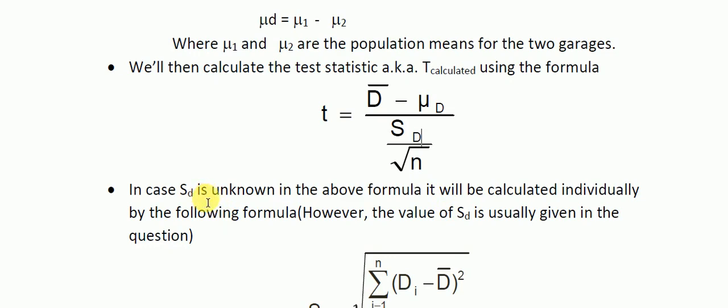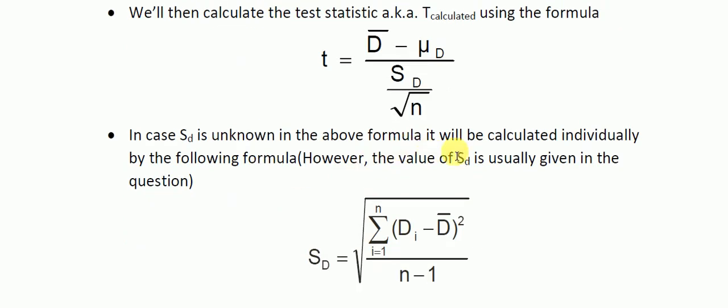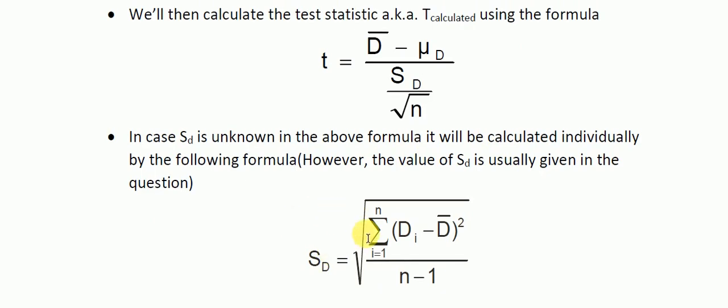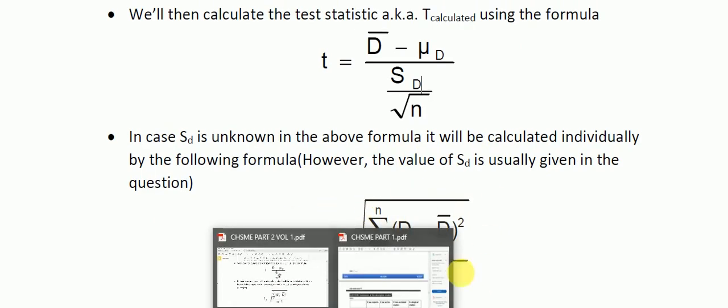In this formula, SD is known in the above formula. It will be calculated individually by the following formula in case it is unknown. However, the value of SD is usually given in the question, so we have already discussed that normally they'll provide us the value of SD. However, if it's not given, then we'll have to use this formula.